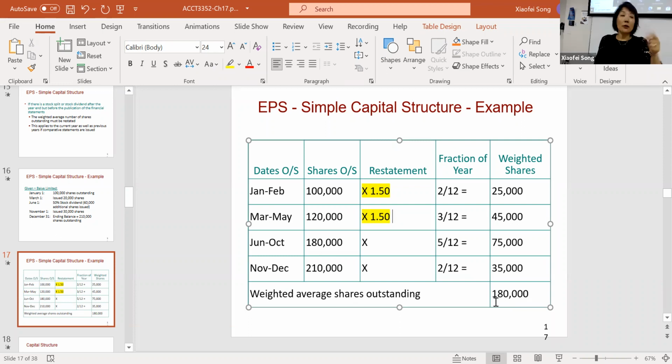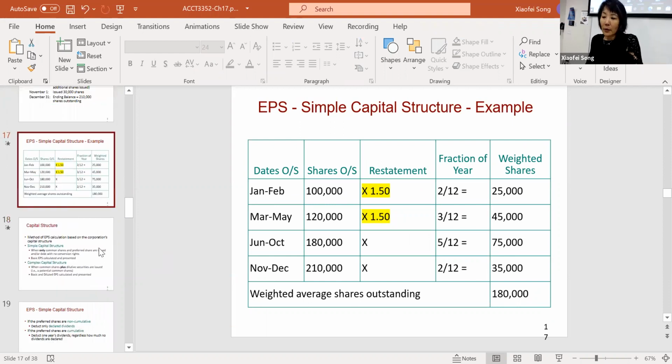The stock split can be like a 2-for-1 split, can be a 1-for-2 split, right? That's the mirror image. If it's a 2-for-1 split, you go back and adjust by multiplying by 2. But if it's a 1-for-2 split, you go back and multiply everything by 0.5. So that's the reverse. Okay, so that's the number of shares.